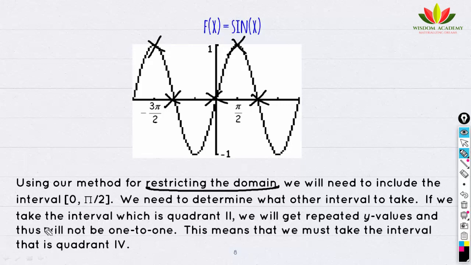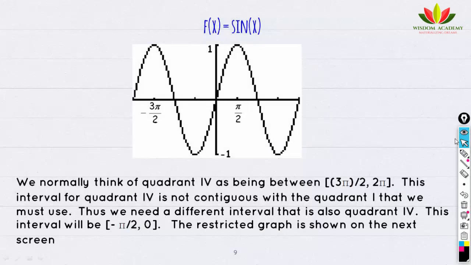In what way, if I restrict, will this function become a one-to-one function, or in simple words a bijective function? The first obvious choice is to take from here to here only one loop.